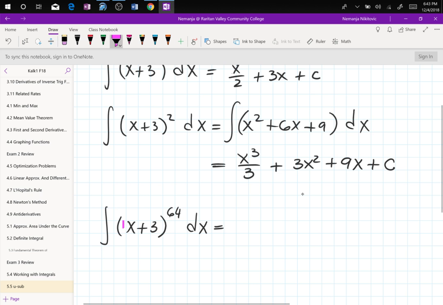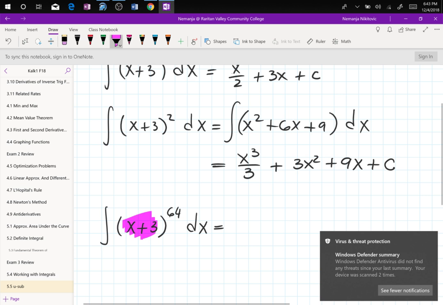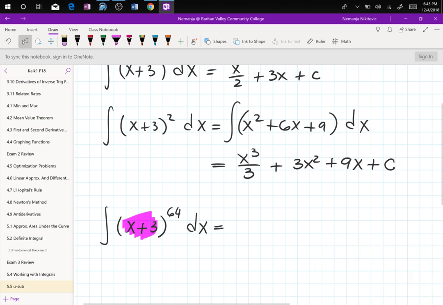See this? If this was just x to the 64, then we don't have to think about solving, right? It's just going to be x to the 65 over 65 and you're done, right? So that's where the attitude kicks in mentally. If this x plus 3 was just like one variable, we would be able to solve it nicely.